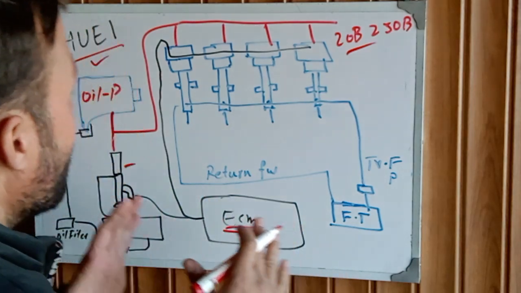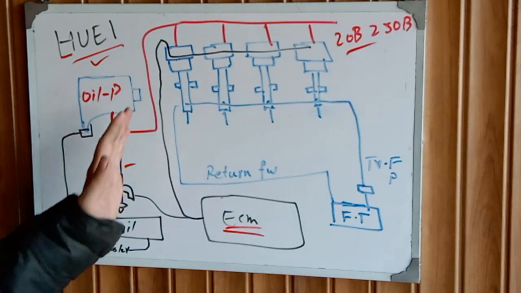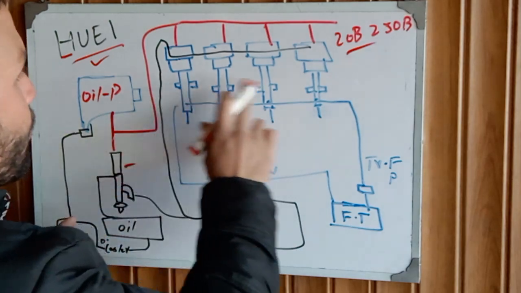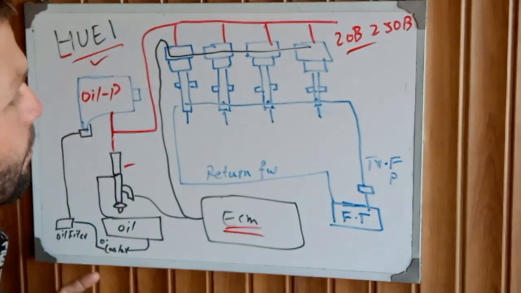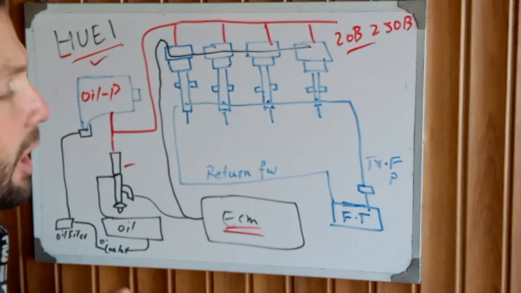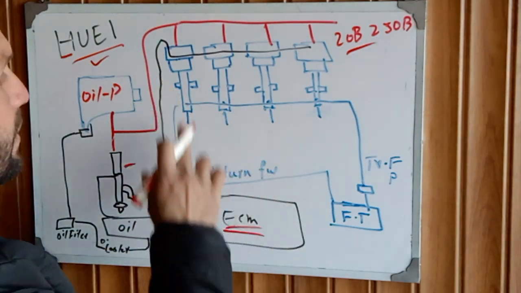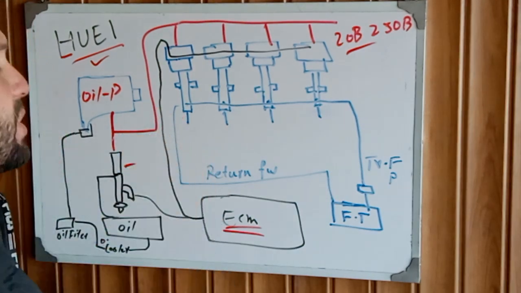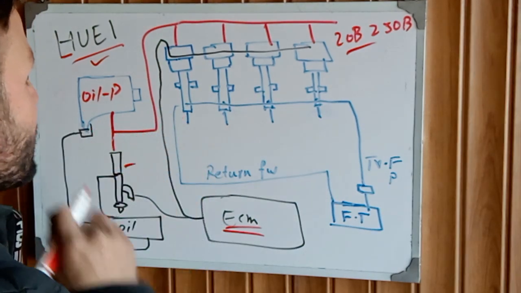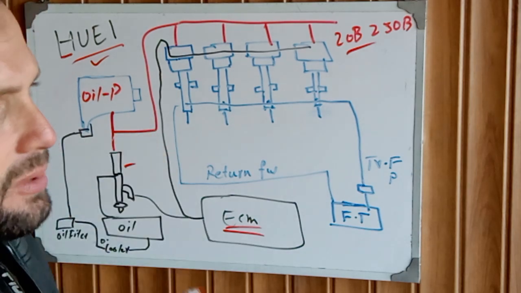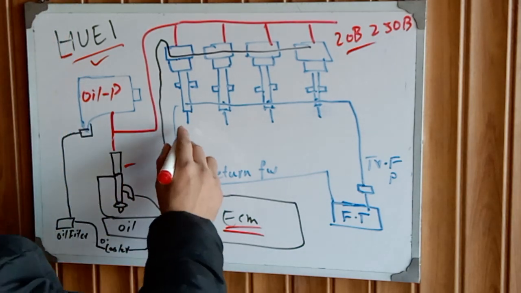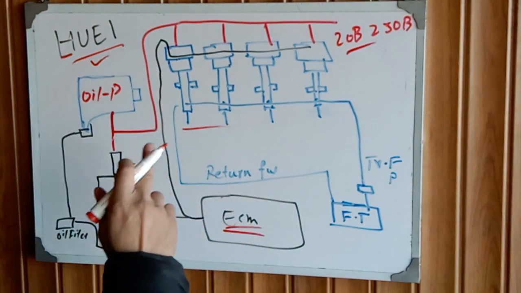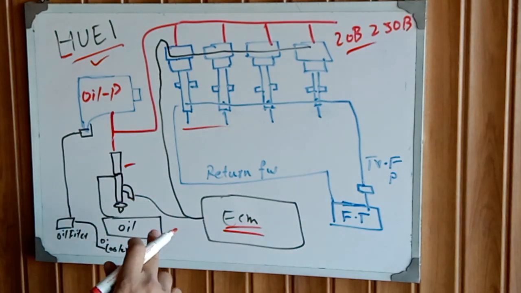The circuitry works in this way: injectors operated by oil pressure, and the camshaft sensor figures out which piston is on top dead center. Then the ECM sends a pulse to fire the injector that needs to be fired.